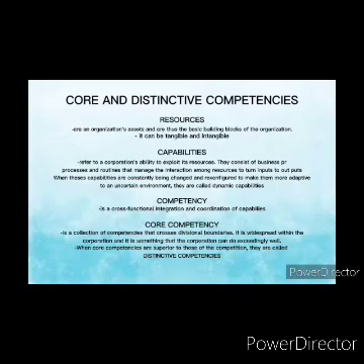The difference between core competency and distinctive competency is a little difference. Core competency is what you have, and distinctive competency is what you can do. So for example, Facebook and Instagram. Facebook and Instagram have their own core competency.